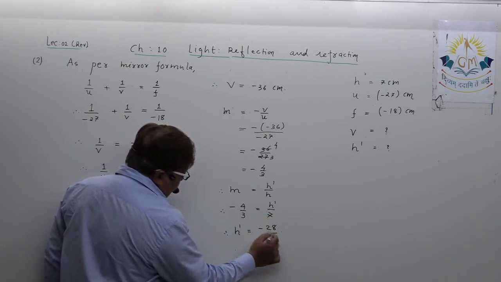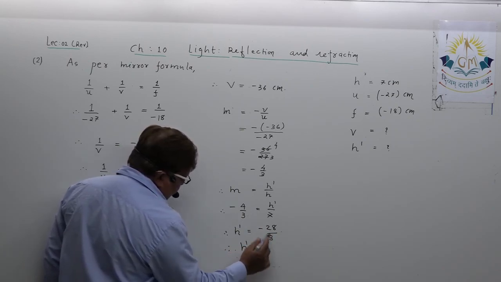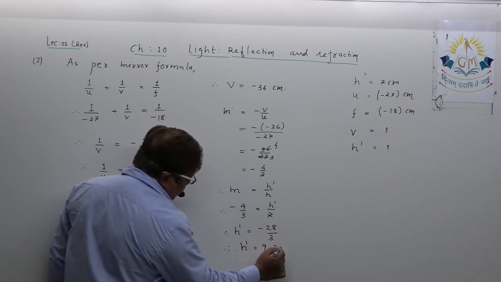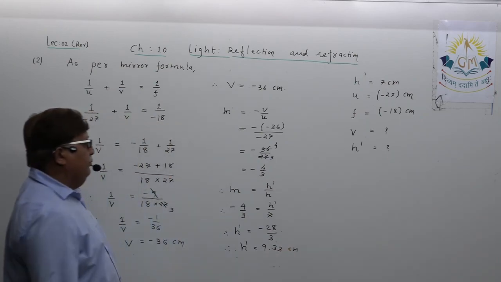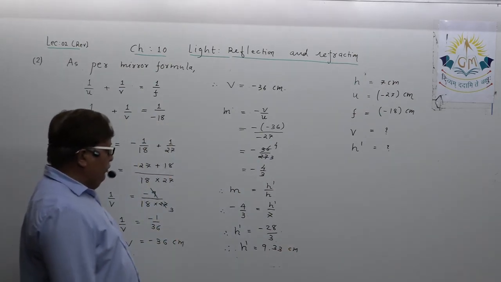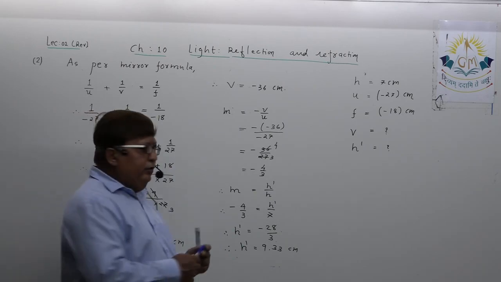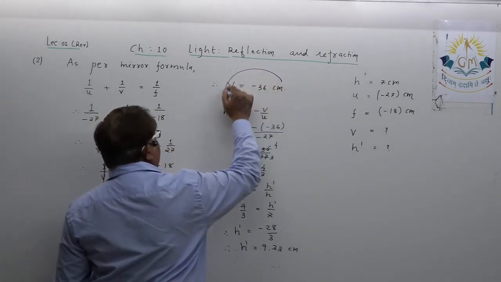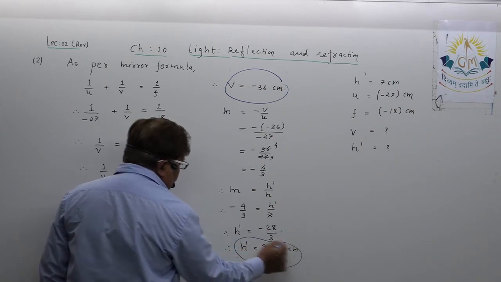Minus 28 upon 3. Just divide it. 3 9 the 27, 1 left. 3 3 the 9. 9.33 centimeter around. So dear student, you got both the answers which you required. One, that's v, another is height.